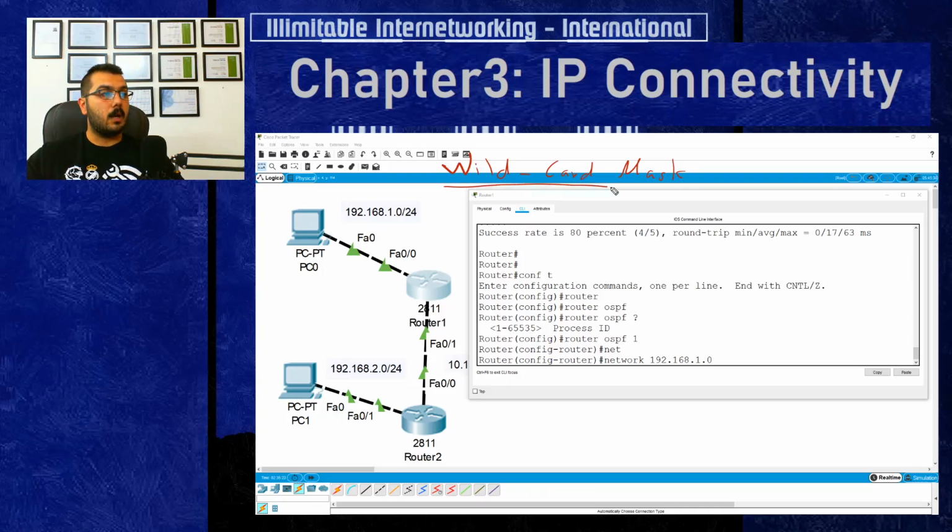The wildcard mask is the opposite numerical value of the subnet mask. Don't worry. You remember the subnet mask is a series of ones followed by a series of zeros, and there will be no ones again. So you will see a big number, after that a big number, and after that a smaller number.